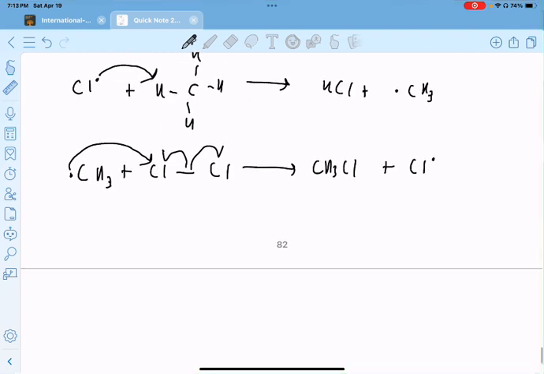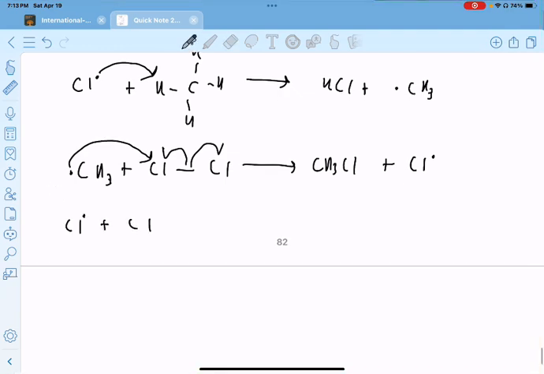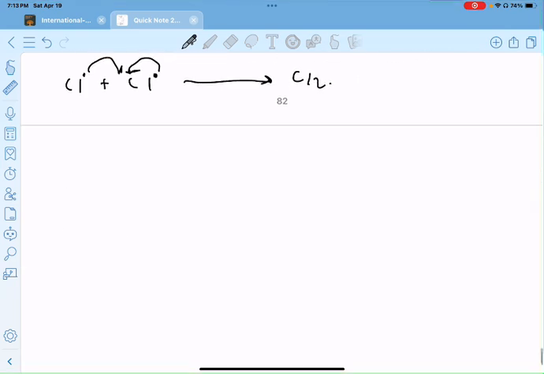And the termination step is quite interesting actually. Cl plus Cl, and they will combine in the middle, okay? You draw half arrows because it's one electron again. You form Cl2. Whenever you have a free radical, you draw half arrows, okay?